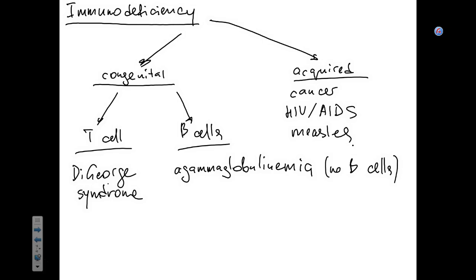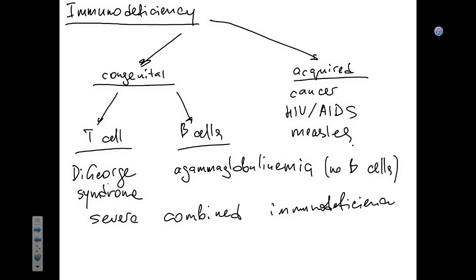Can you lack both T and B? Sure. This is called severe combined immunodeficiency. Interestingly enough, mice with that syndrome, there are mice with SCID, you don't have to put them in some sterile condition.